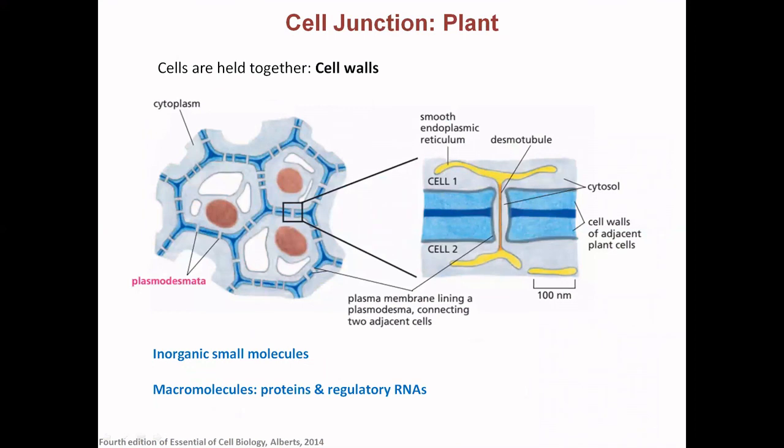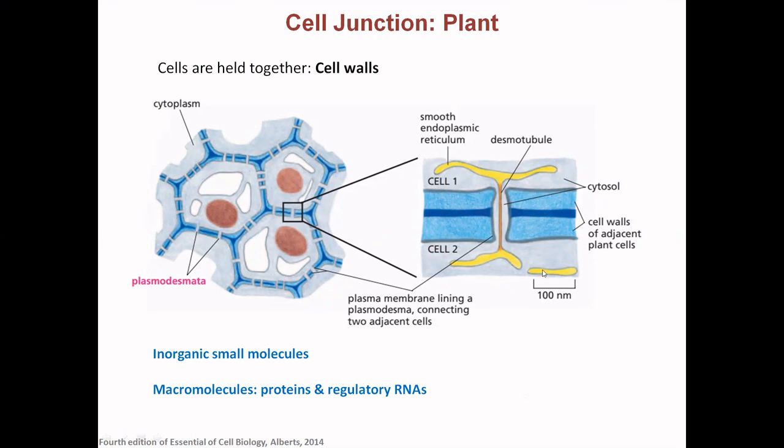So whatever junctions we have discussed till now are all found in animals. These are absent in plants because plants have a cell wall that provides strength and holds the cells together. We have discussed the plasmodesmata in the ultrastructure that connect the cytoplasm of different plant cells.